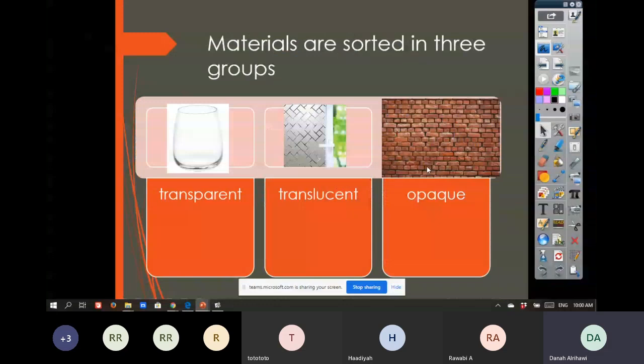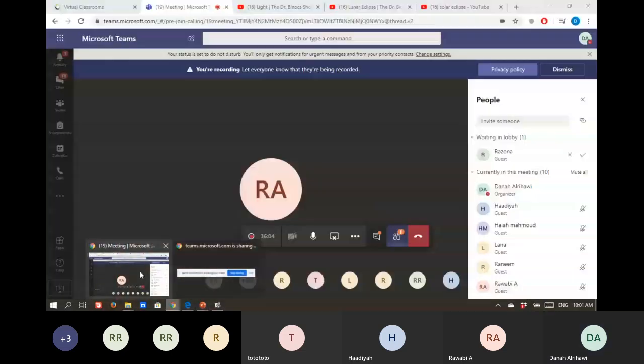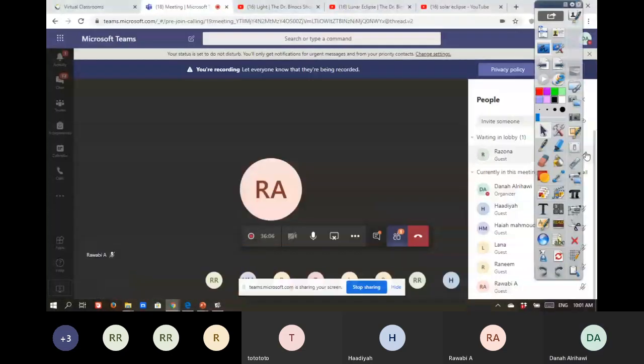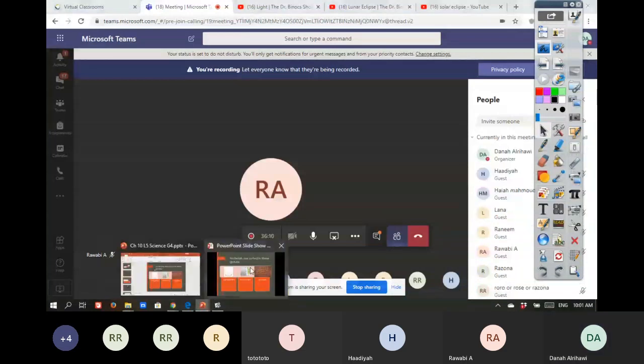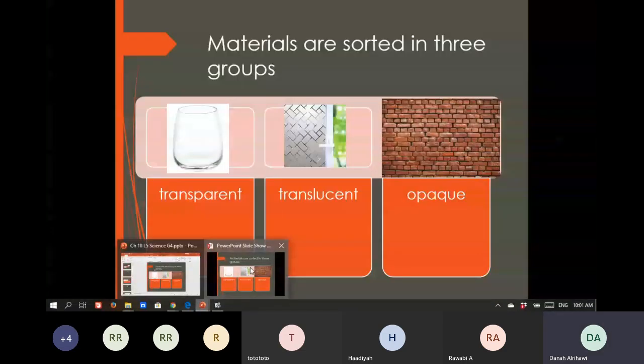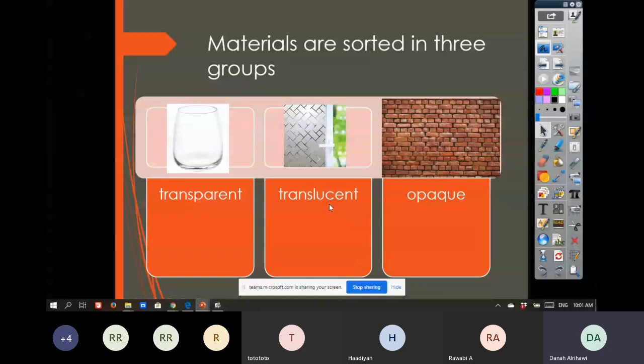We said that materials are sorted into three groups: transparent, like the glass, like the water, like the air, that let all the light wave pass through, while translucent, like this window, lets only some of the light wave pass through.